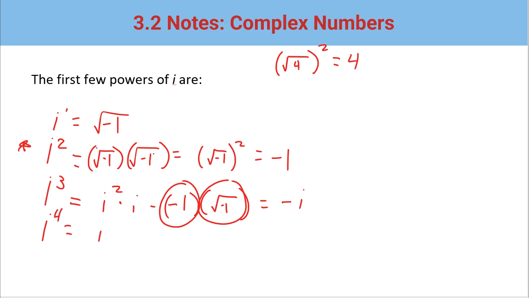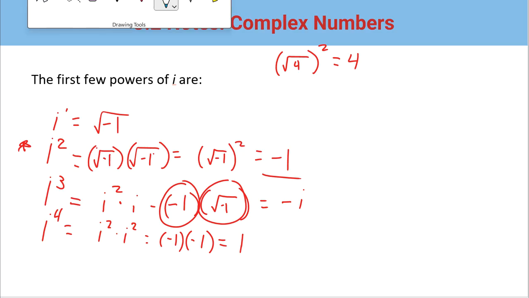Well, if I break that down into two i squareds, that's going to give me negative 1 times negative 1, right? I got that up here. Well, negative 1 times negative 1 is just going to be 1. Okay? Let's back up one step, an important step.